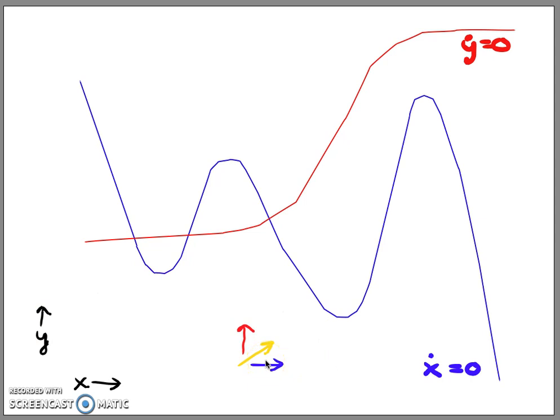Now, it makes a lot of sense that if Y is increasing here, that means the rate of change of Y is positive, so the right-hand side of the differential equation for Y is positive. And then this line is telling us that the rate of change of Y is 0. Then when we cross the Y null line, the rate of change of Y should be negative.